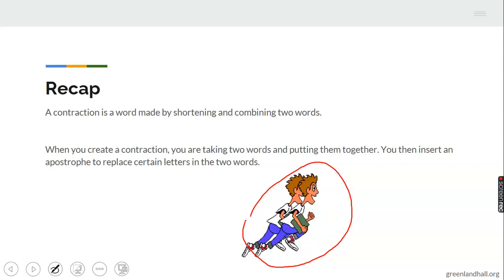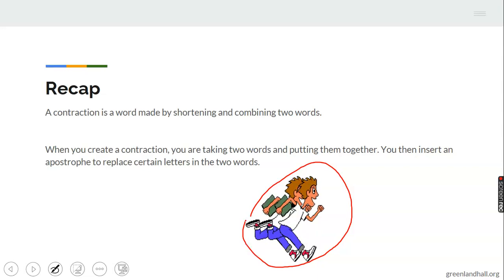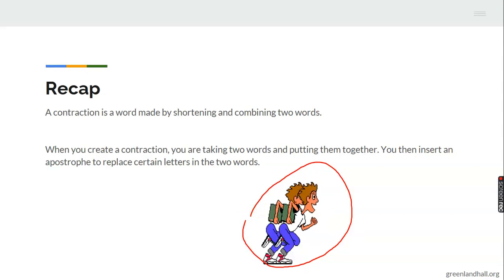Okay? A contraction is a word made by shortening and combining two words. And you have been told that when you create a contraction, you are taking two words and putting them together. You then insert an apostrophe to replace certain letters in the two words. Is that taken?